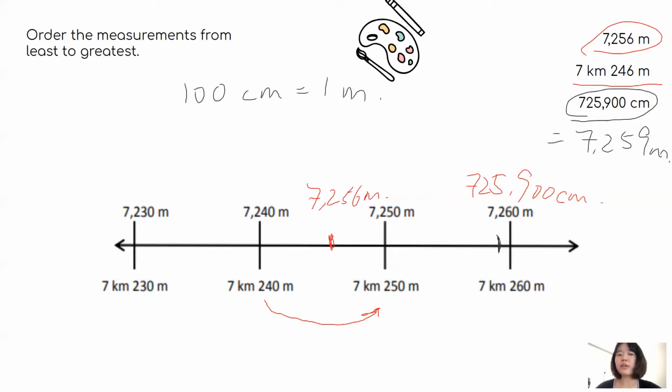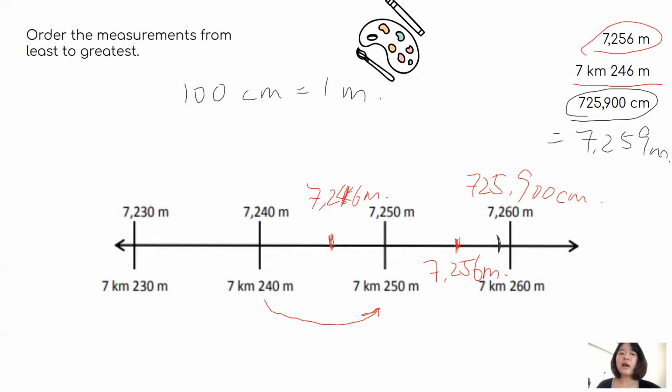And since all the measurements have 7 kilometers, I can compare meters. Let me place this one right here first. Oh, so this one should be for 246, and this one right here is for 7,256 meters. Okay, yeah.